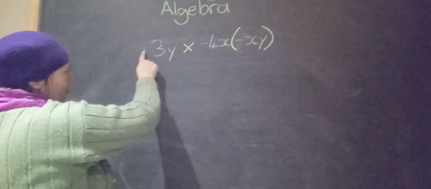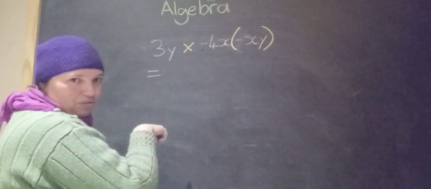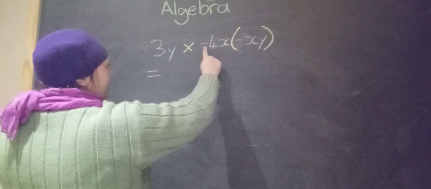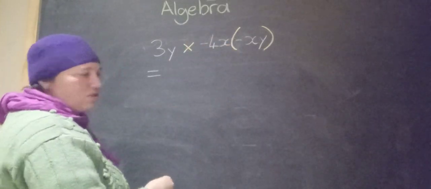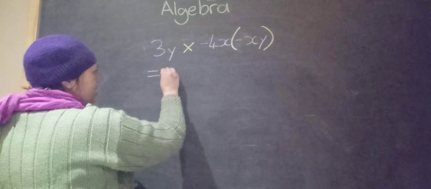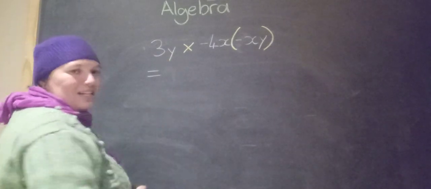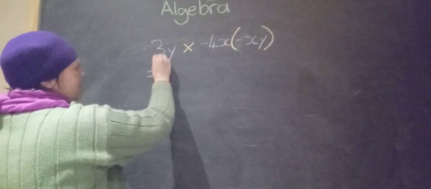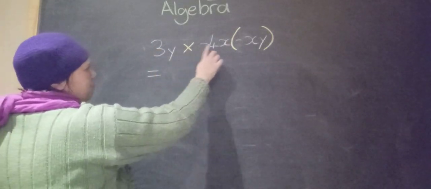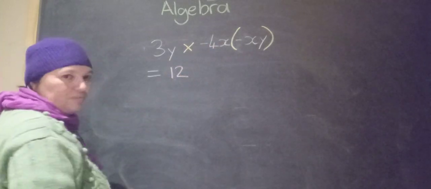So positive and negative stays a negative because they're different. And then we've got negative and negative, it becomes positive. So our whole answer is positive, but we don't need to write it. We only write it down if it's negative. Now we look at the numbers. 3 times 4 is 12.